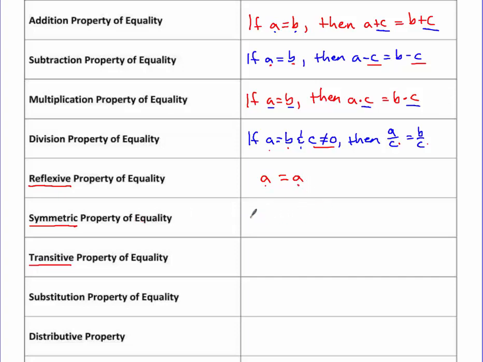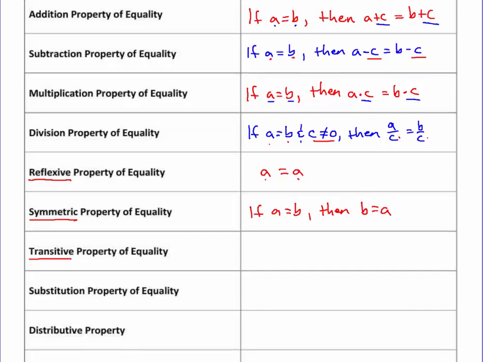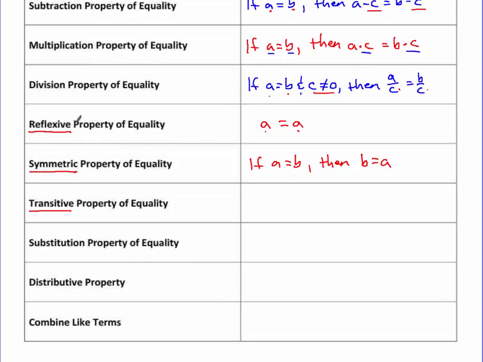Okay, the symmetric property of equality says that if A equals B, then B equals A. Again, not very complicated, but it'll come up, and it's important to know the difference between reflexive and symmetric. The third is transitive.